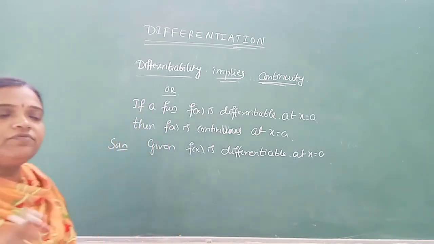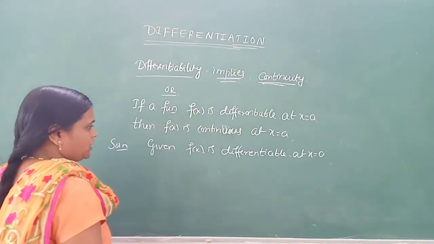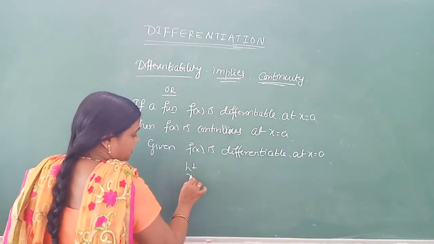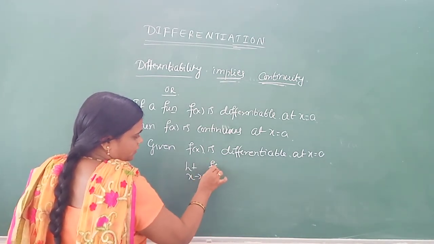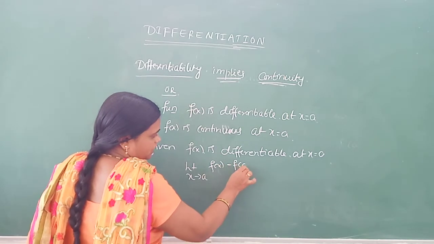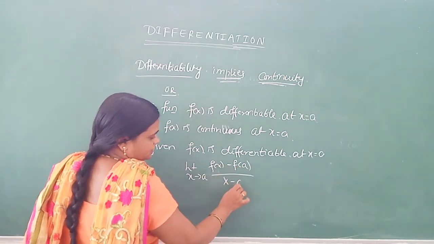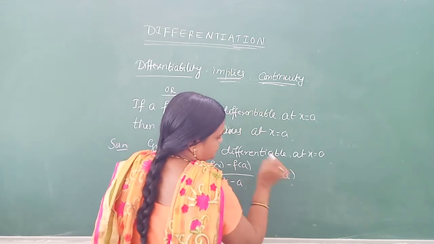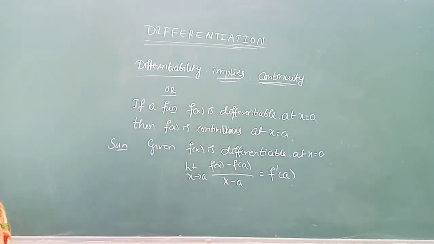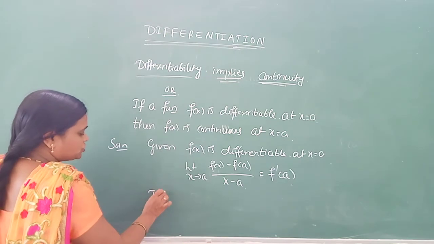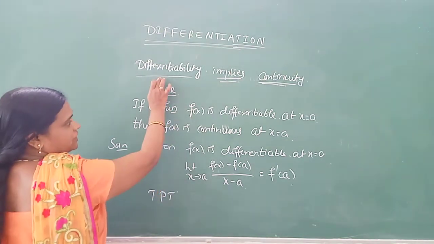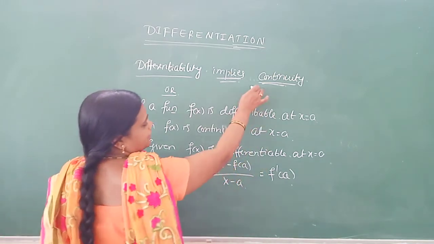If a function is differentiable at x equal to a, we know that the limit as x tends to a of f of x minus f of a divided by x minus a is f dash of a. This is given. Given is differentiable, we have to prove continuous.